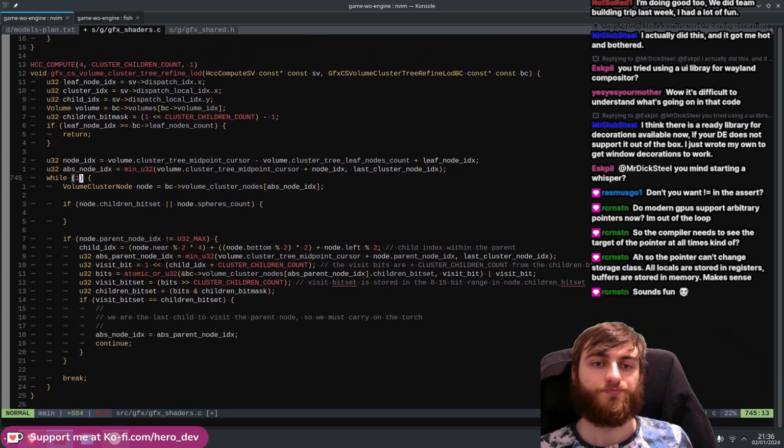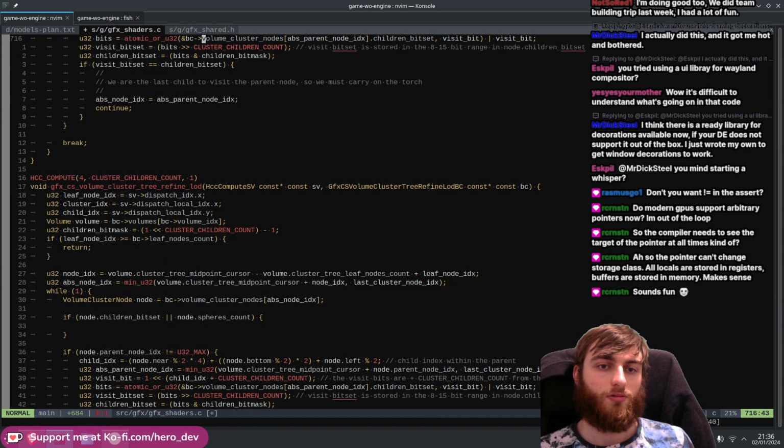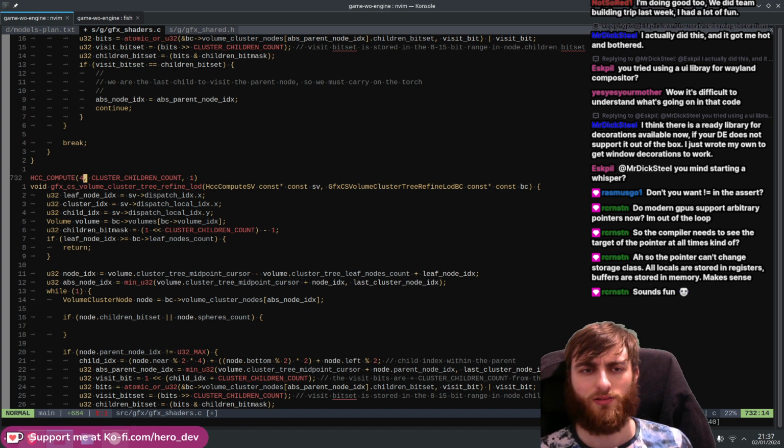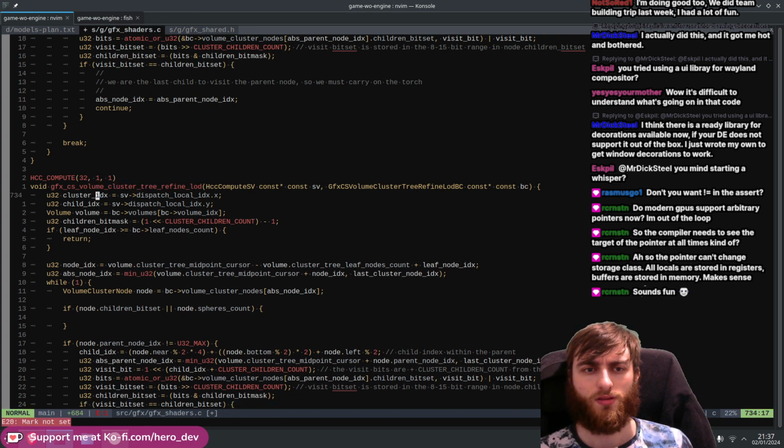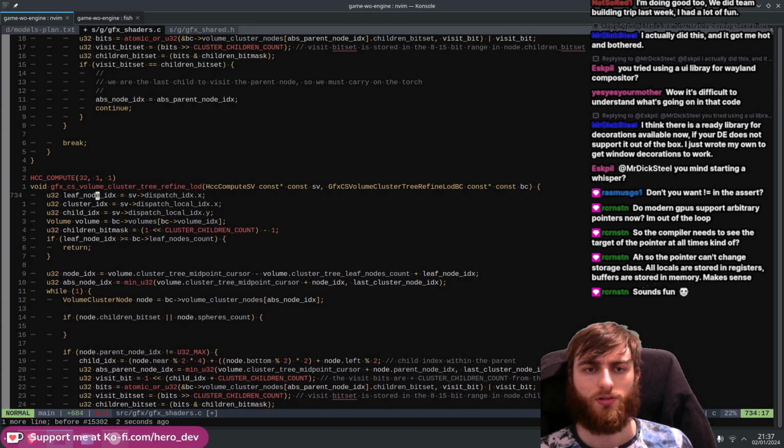So this no longer refine. I think you just want to process 32 clusters at a time at this point.